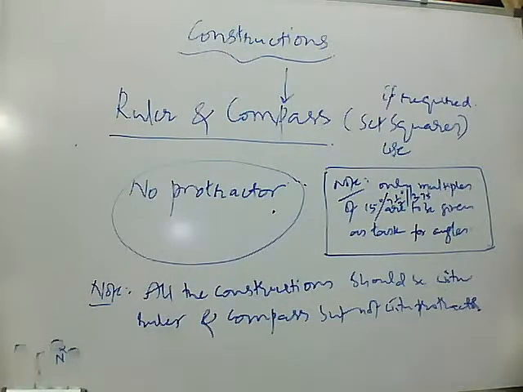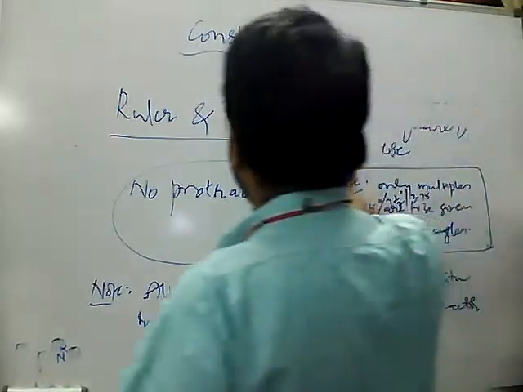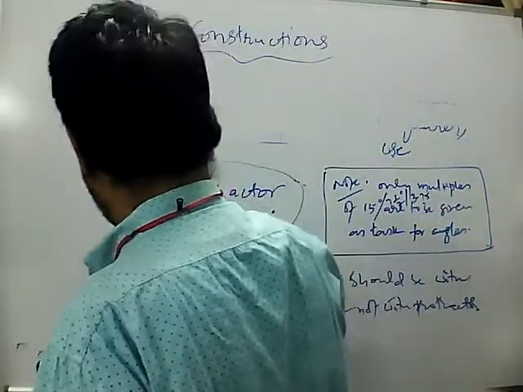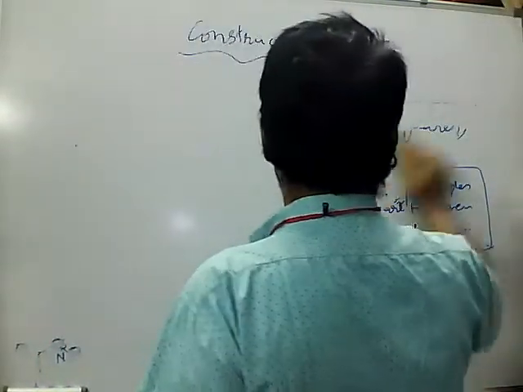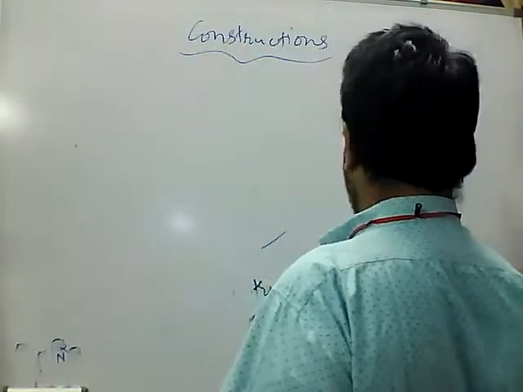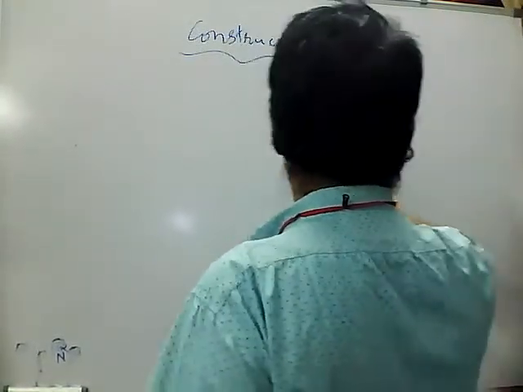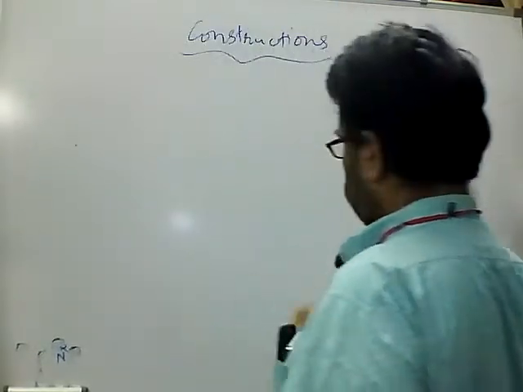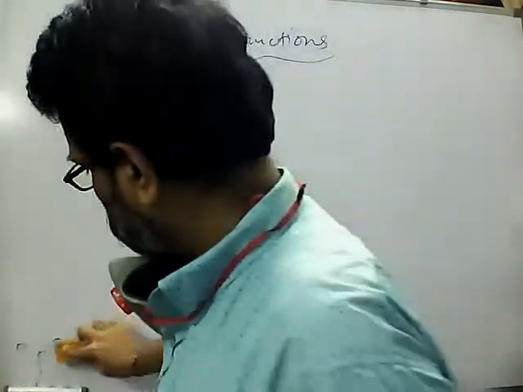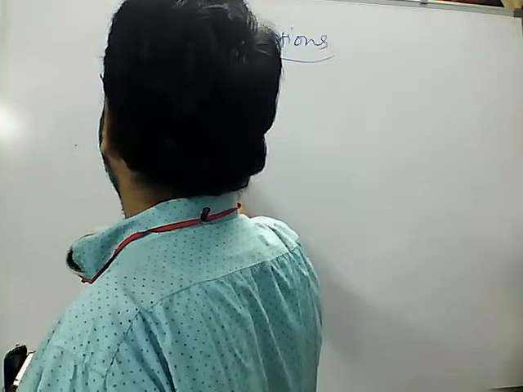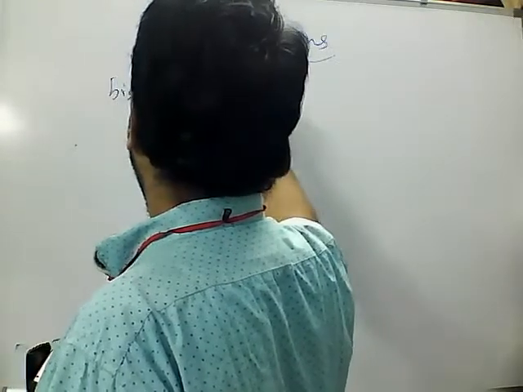Right. Now, first case, we discuss bisection of a line or an angle. Angle bisections we have to see. Bisection of an angle.